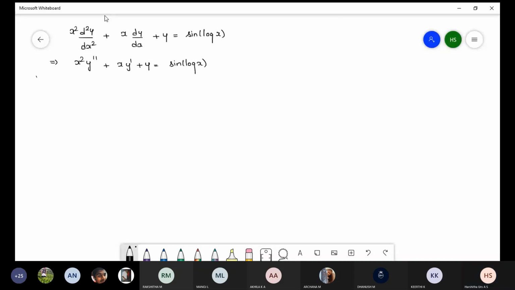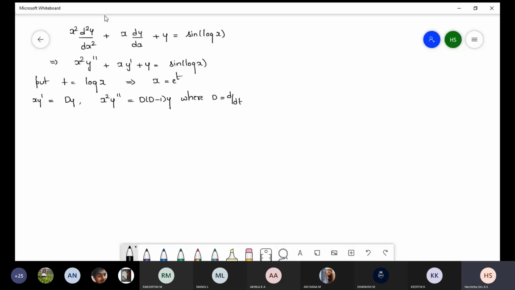Now put t is equal to log x. That implies x is equal to e power t. Now x y dash is equal to d into y, x square y double dash is equal to d into d minus 1 whole into y, where d is equal to d by dt.